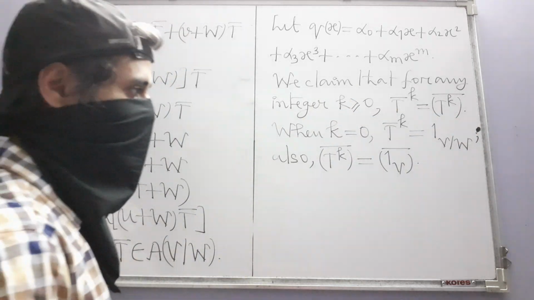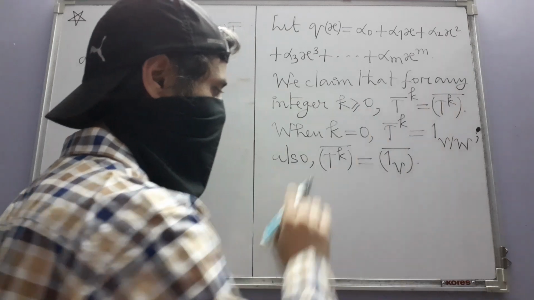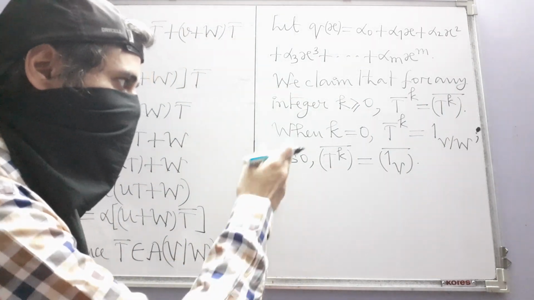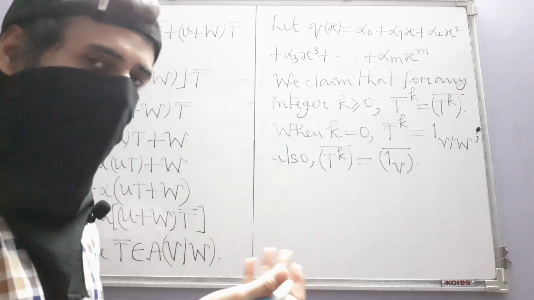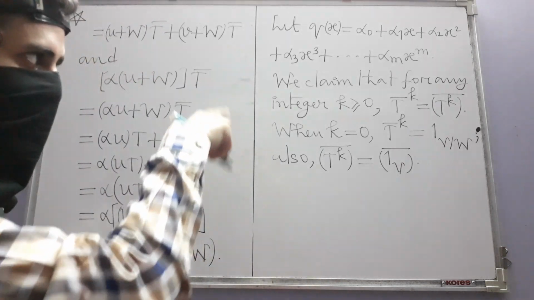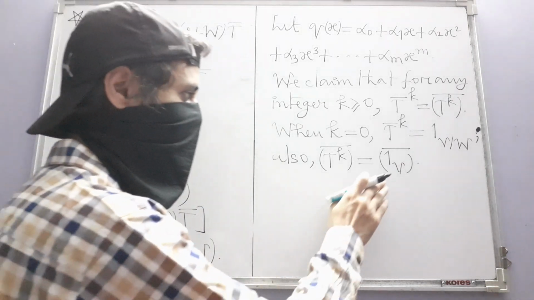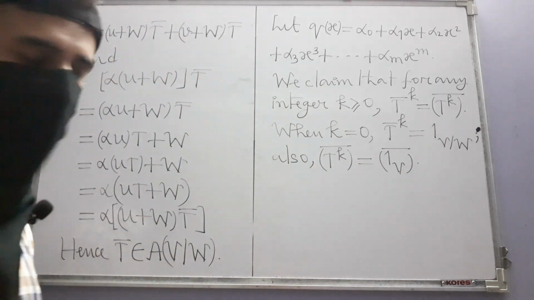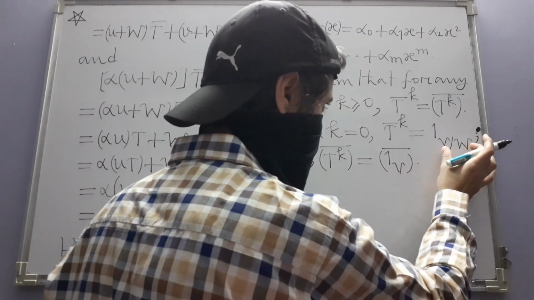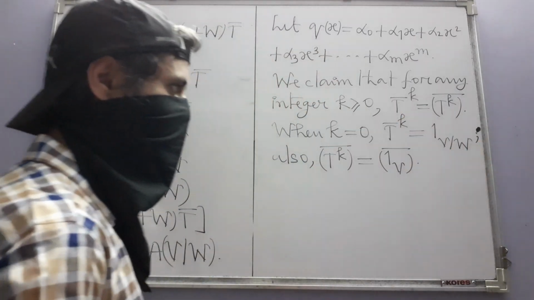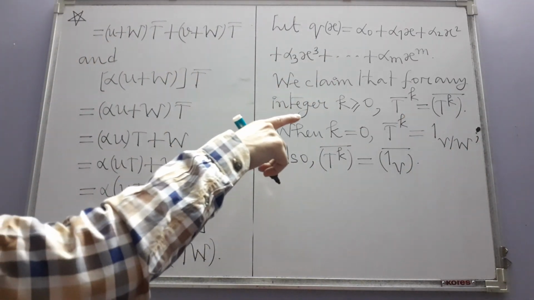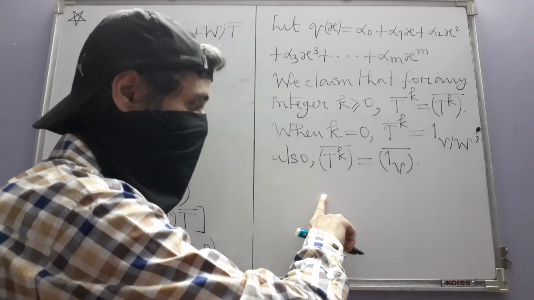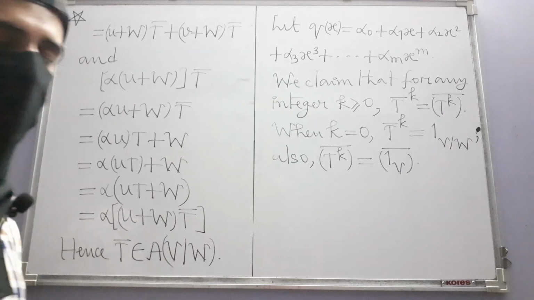Note one thing carefully, do not forget what this bar is. For every operator T on V, there is a T bar that we have defined in the statement of this lemma. Just like that, for the operator 1_V, we have a 1_V bar, and 1_V bar is an operator on this space, V/W. So we take any element in V/W and see what we are going to get if we apply this operator on that element.